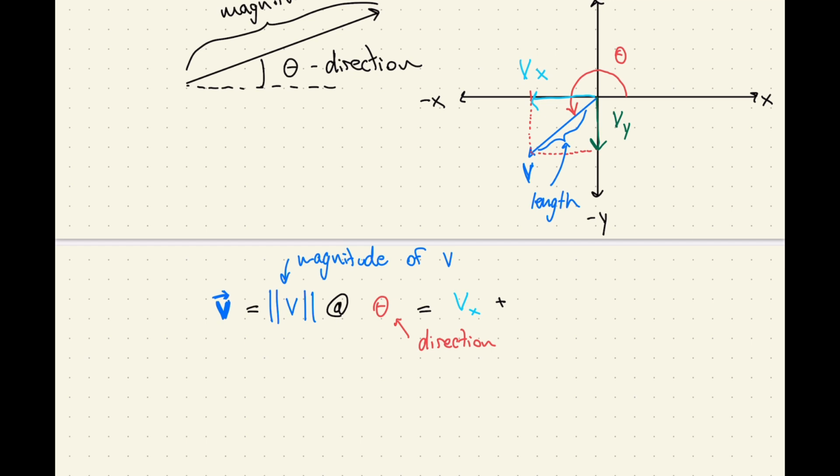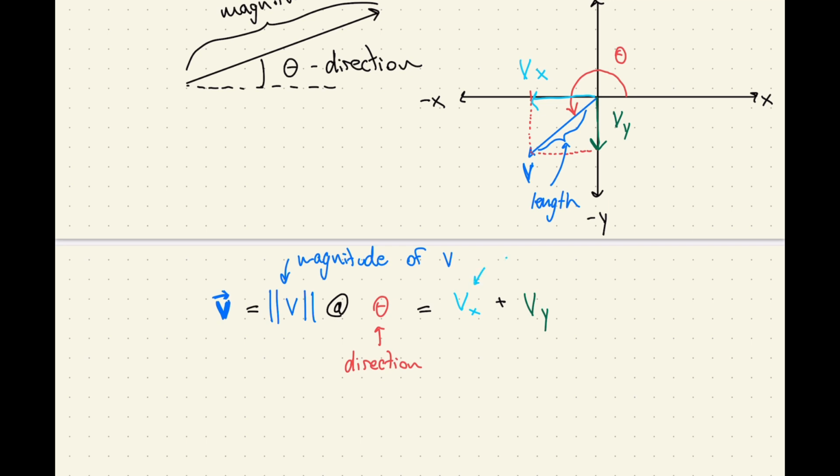So we have the vx component, and in green we have the vy component. Cool. Let me actually do this a little bit here. Boom. And I'm going to move this little direction thing right here. Boom. Awesome. So what we have here is another way of writing a vector.